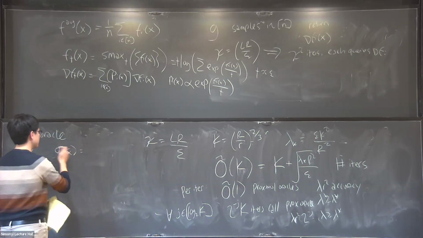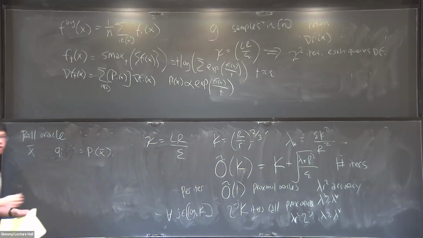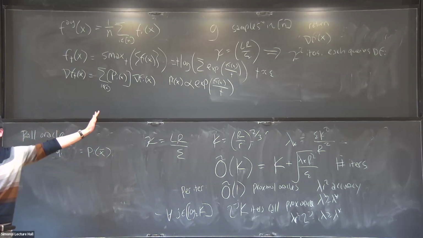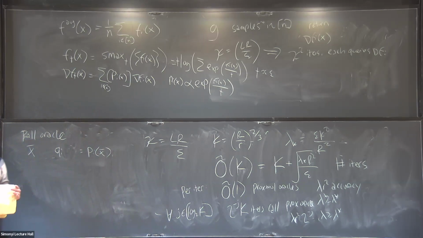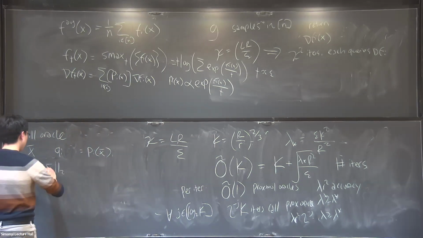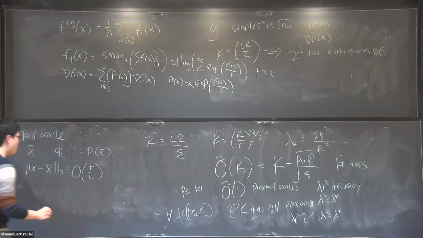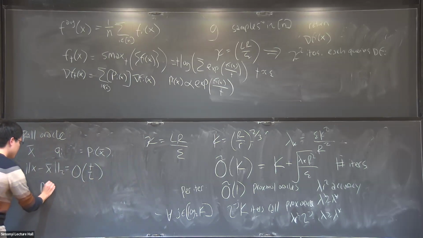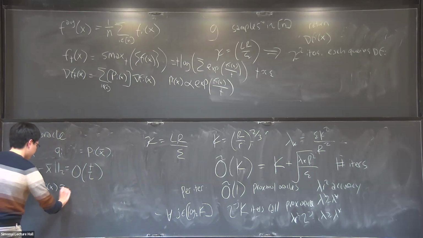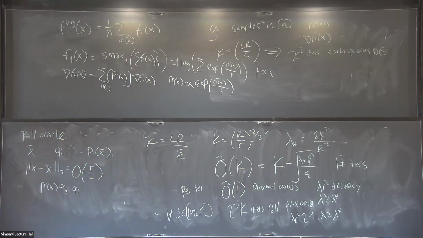The idea is, if I want to implement a ball oracle, I start at some point x bar, and I go ahead and compute all of my qi's, figuring out exactly what the sampling probabilities are. And now for all the x that stay in a ball of radius O of t over L, the fact is that pi of x is within a factor of 2 of qi, right?